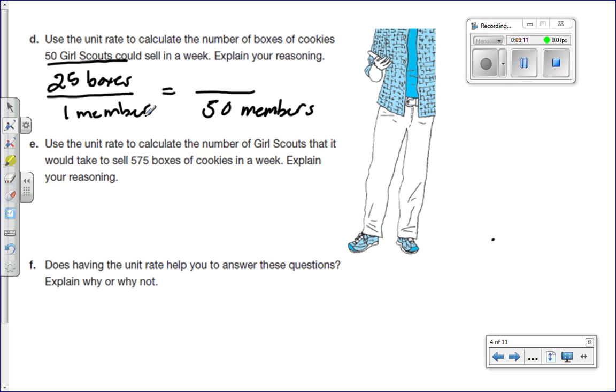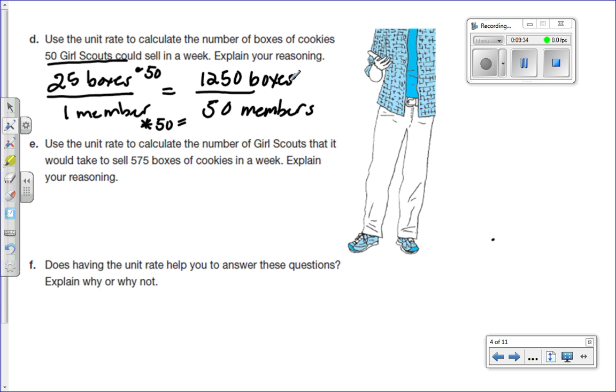And this is a simple task of scaling up. So we're going from 1 member to 50. So you should be thinking in your mind that you have to multiply by 50 here. So what you do to your denominator, you must do to your numerator. So I'm going to multiply by 50 on top. And that is going to give me 1,250 boxes.